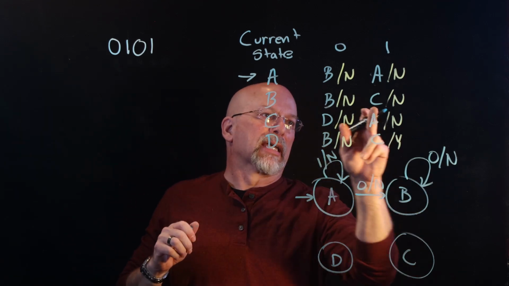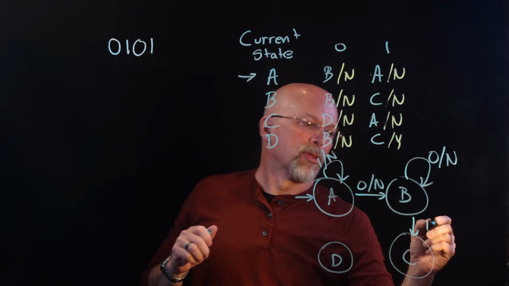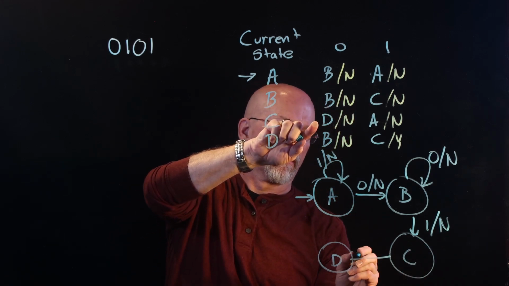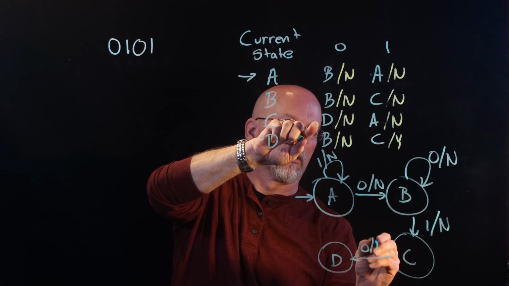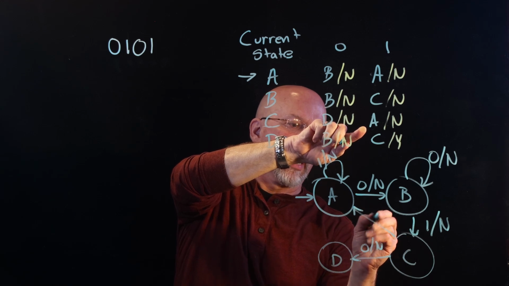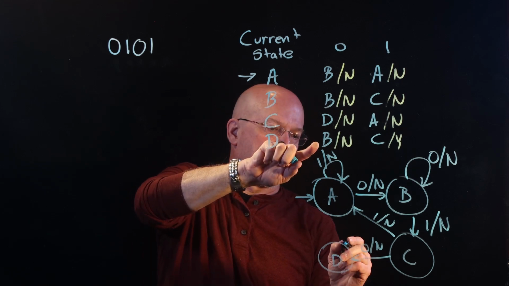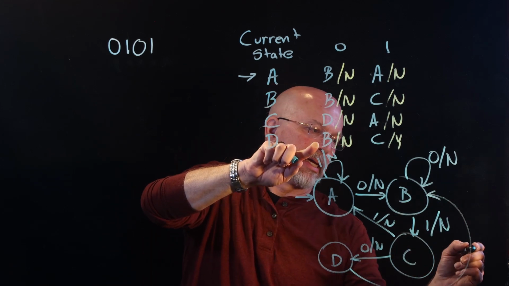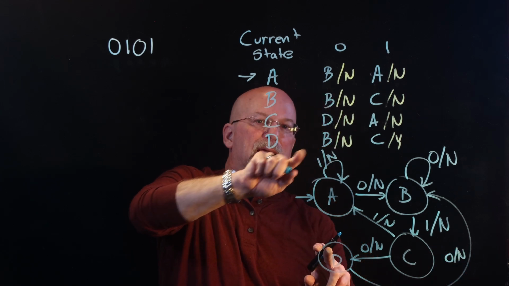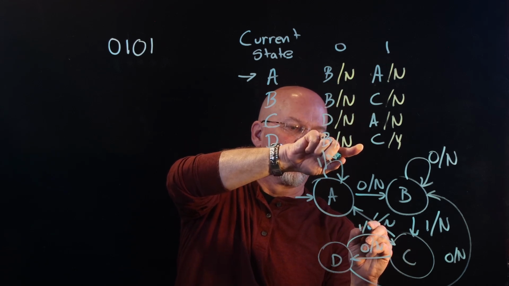Now, if I'm in B and I get a 1, then I am going to C with a no. If I'm in C and I get a 0, then I'm going to D with a no. If I get a 1, I'm going up to A with a no. If I'm in D and I get a 0, I go to B, so that's a 0 with a no. If I'm in D and I get a 1, I'm going to C with a yes.